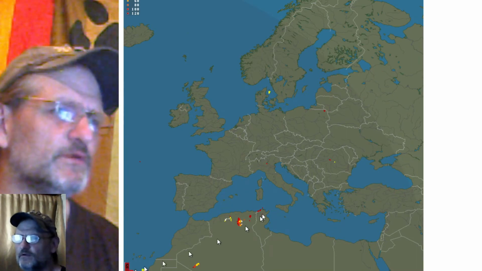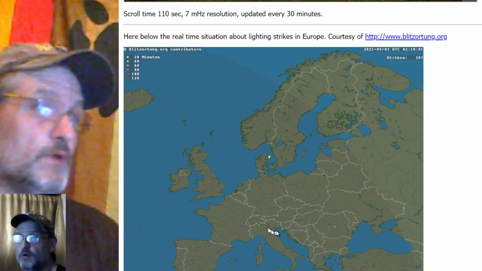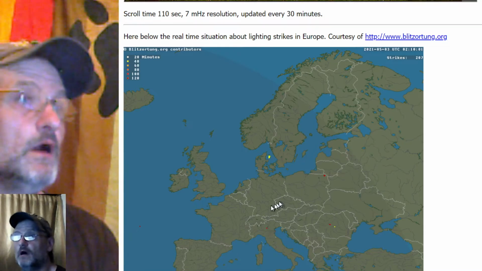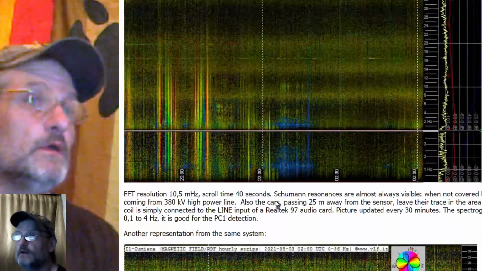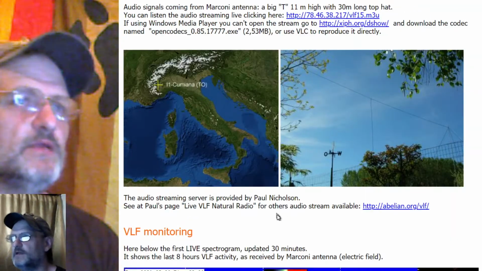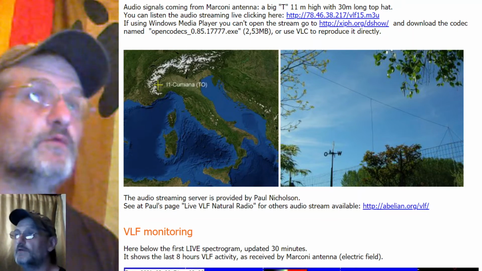I can't really read what that is. But you see there's something going on locally that's fairly close to where they're showing you Kumyania is. I have a link to the real-time lightning meter on the website. So that's Kumyania, and that's showing you how to read some of this stuff.